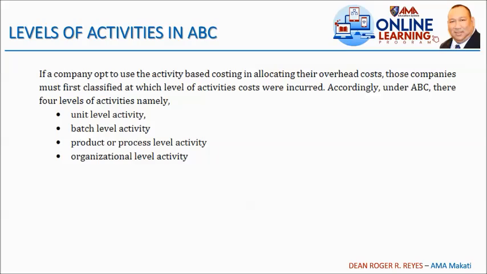Accordingly, under activity-based costing, there are four levels of activity, namely, number one, unit level, so per item, per unit, one product. Batch level activity, grouping of similar products. Product or process level activity, and organizational level activity.